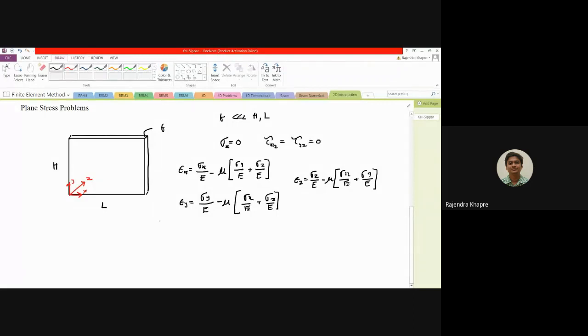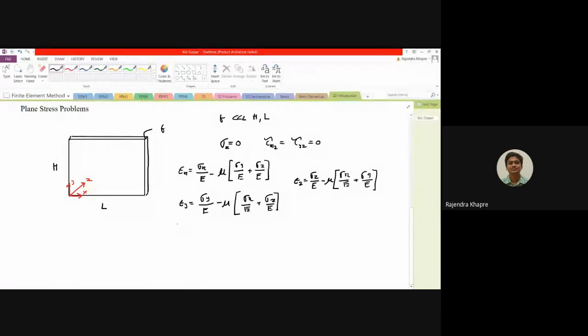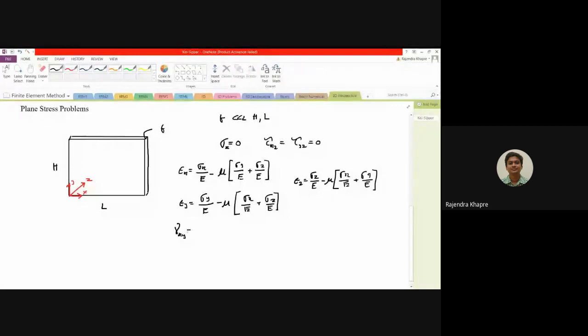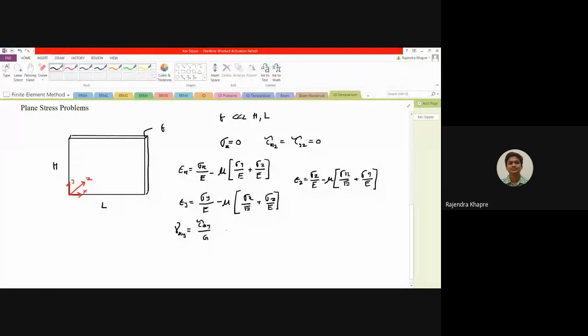Similarly we have expressions to calculate the shear strain. Shear strain gamma xy can be written as tau xy divided by G, where G is your modulus of rigidity.